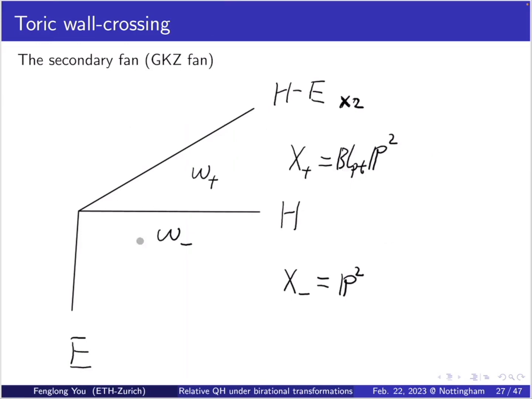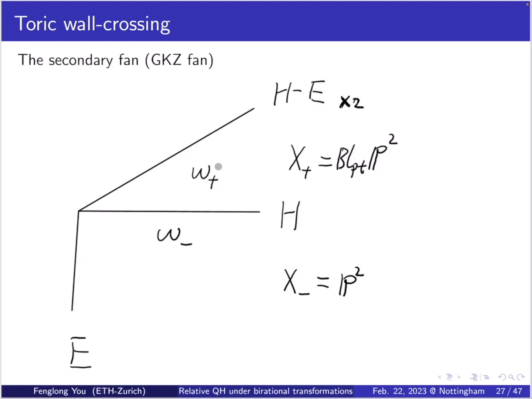So this is a picture of the secondary fan of the blow up of P2 along one point. This horizontal line here is the hyperplane class of P2, and we blow up along one point. So we get two divisors, H minus E, and E is an exceptional divisor. And the secondary fan of this blow up of P2 is like this. These three lines here are the walls, and you have chambers, omega plus and omega minus.